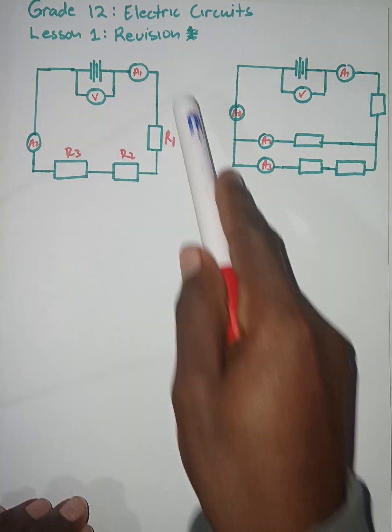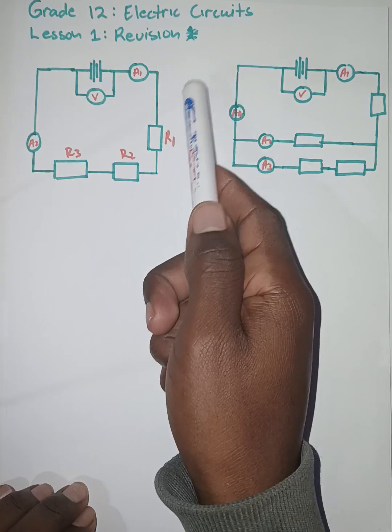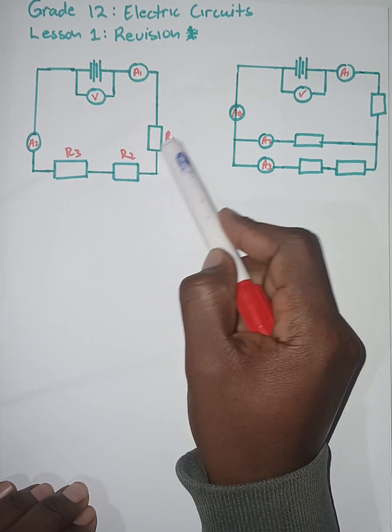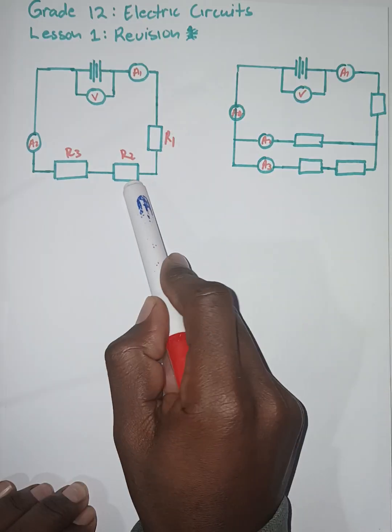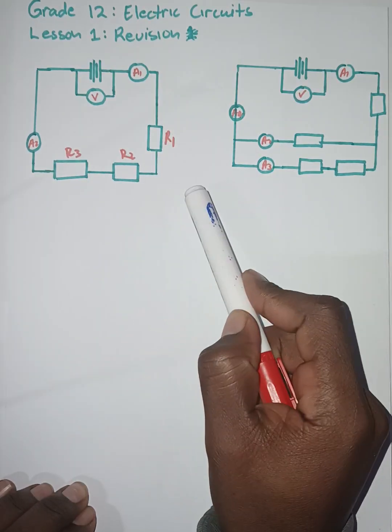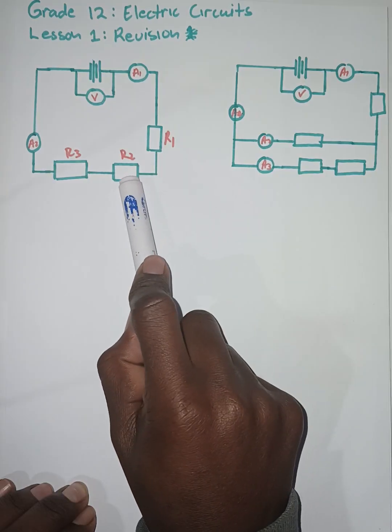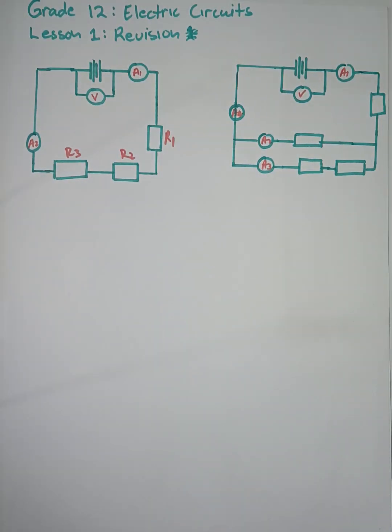The current that comes out of the battery would be the same current passing through resistor 1, and also the same current passing through R2 and R3. So that's the first thing that you must note.